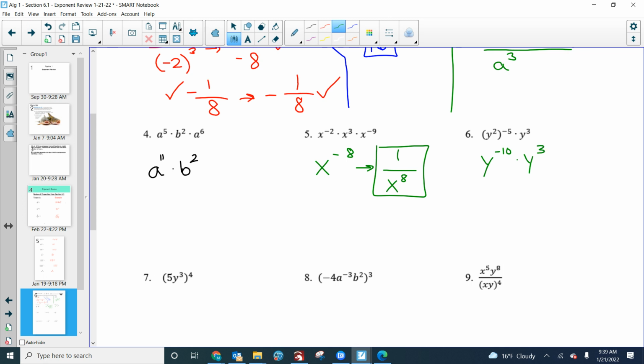And now we use the multiplication rule: addition. Who's going to add them up? Y to the -7. Switcheroo. Y to the 7th. That's what I get.